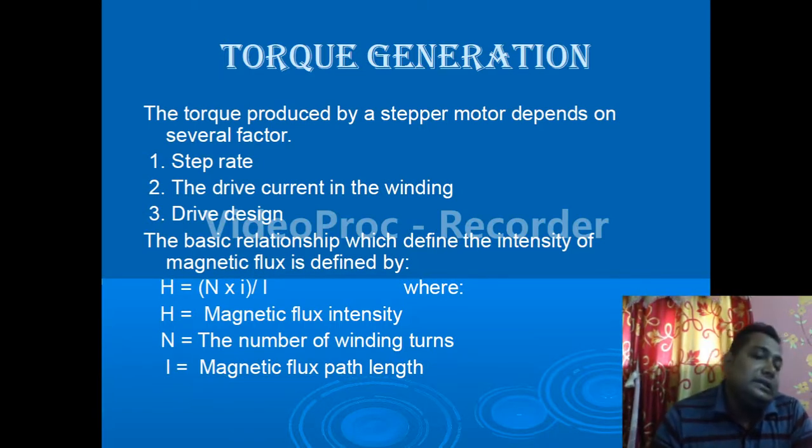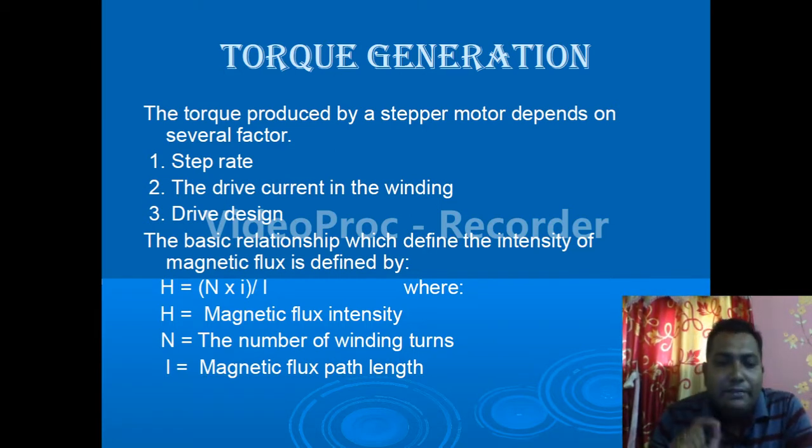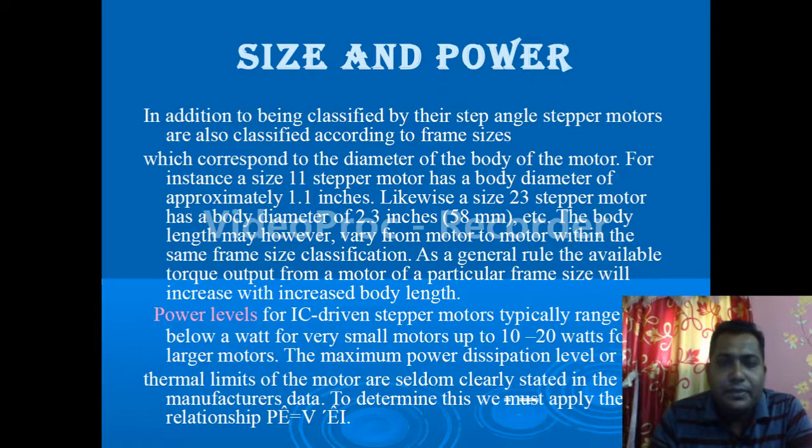The basic relationship which defines the intensity of the magnetic flux is defined by H = N × I / L, where N is the number of winding turns, H is the magnetic flux intensity, I is the current, and L is the magnetic flux path length. Magnetic flux path length, that is a very important point.